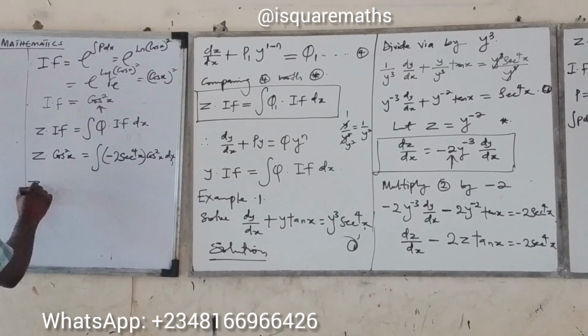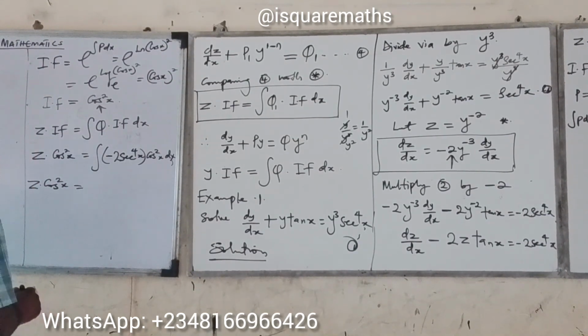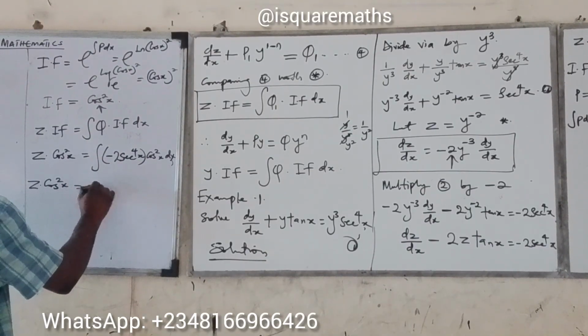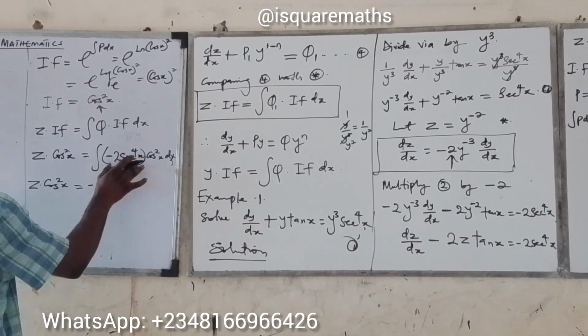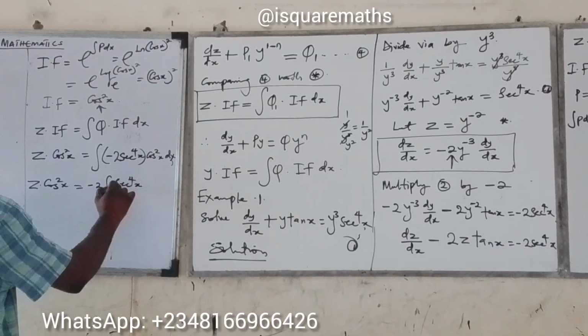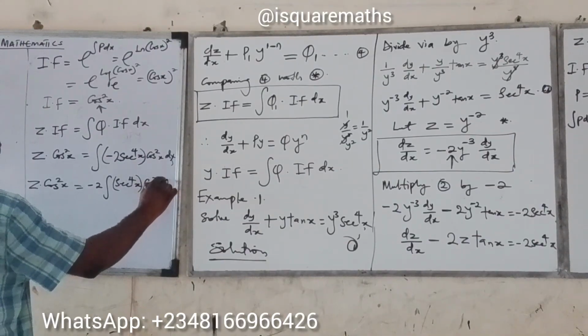So z cos squared x will be equal to minus 2 integral sec power 4x times cos squared x dx.